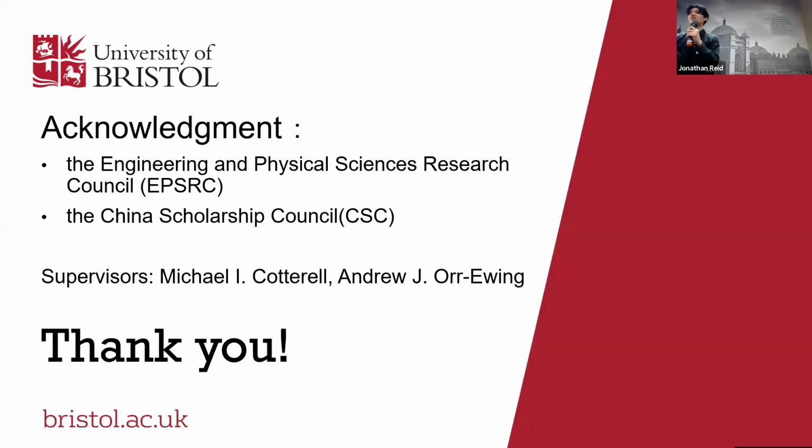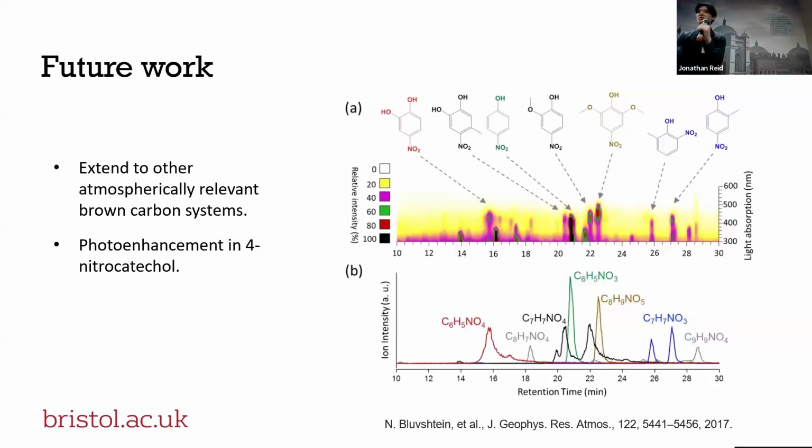I think the volatility is a really important property for these brown carbon species. The reason I picked nitrocatechol is because it has a quite proper evaporation rate, so that we could make it stay in the aerosol phase for like a 2 hour time scale, which is suitable for our cavity ring-down measurements.